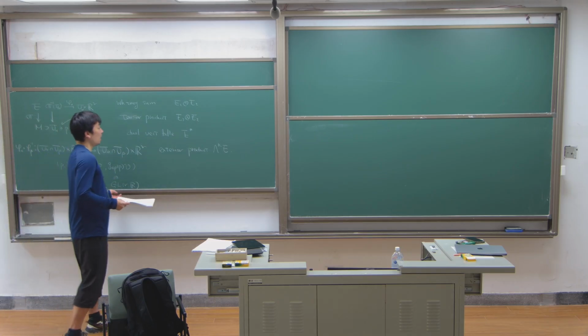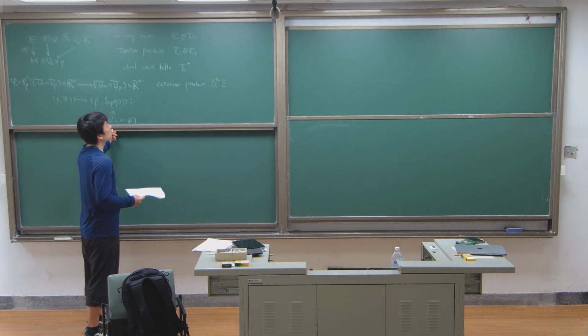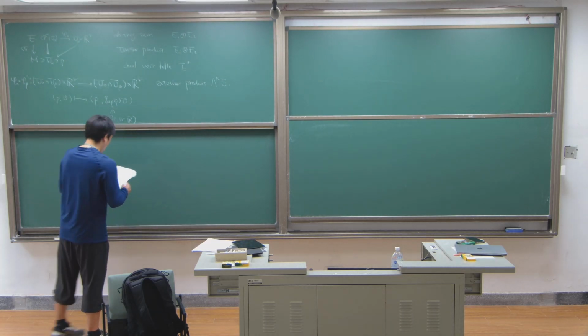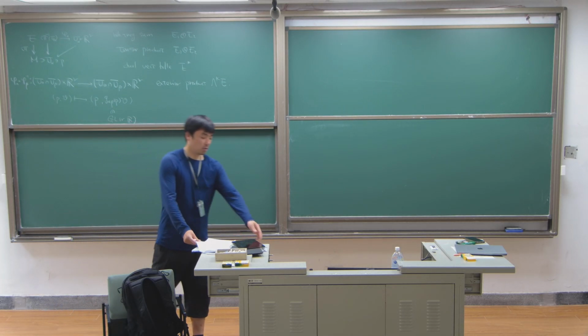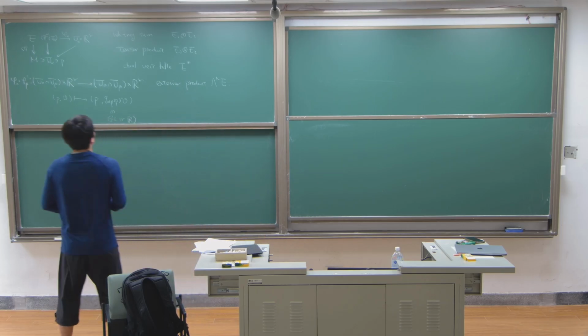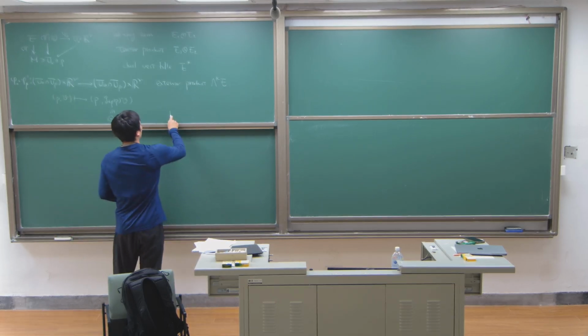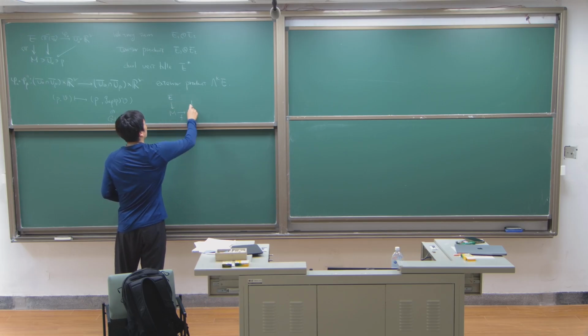And then we talk about, since you have a map between manifolds, the question is if you have two vector bundles, what's going to happen?